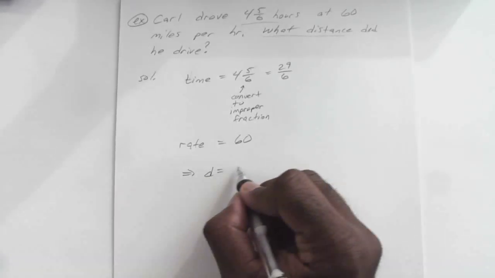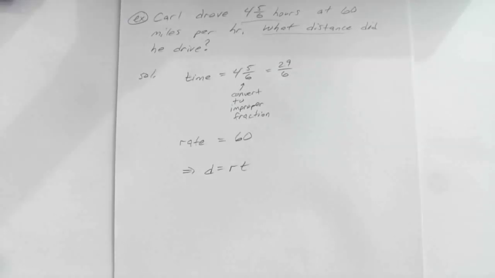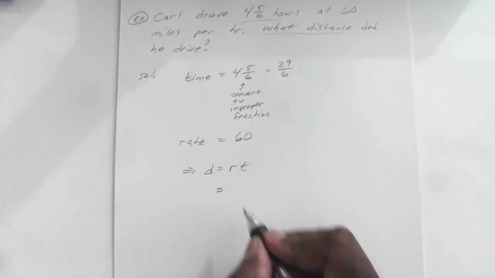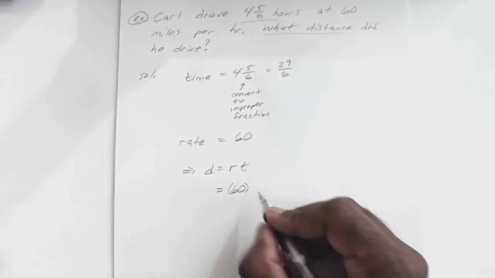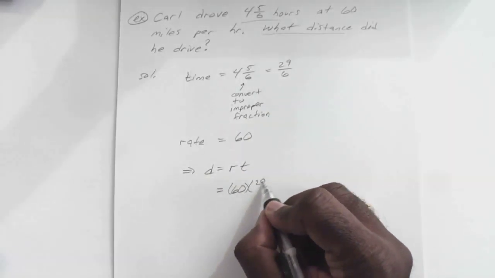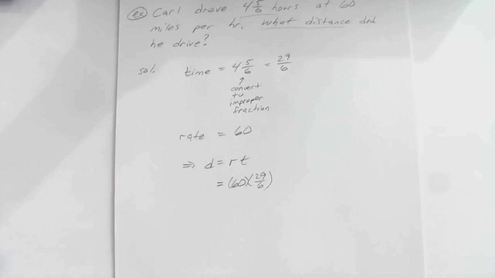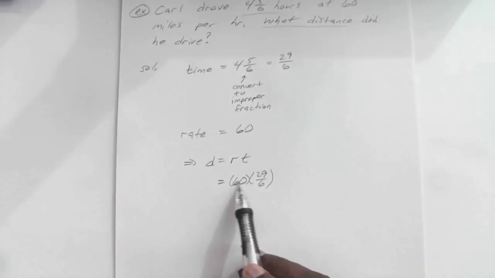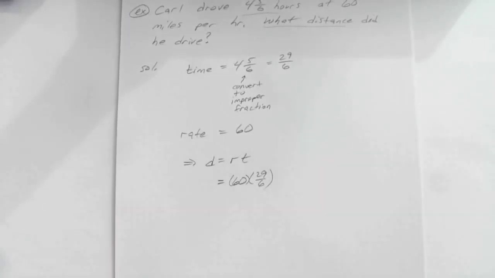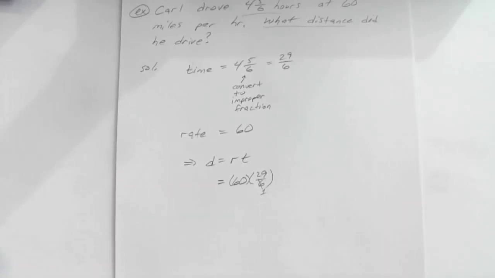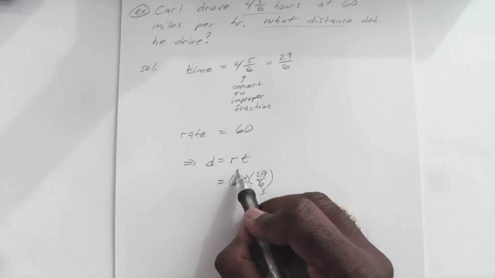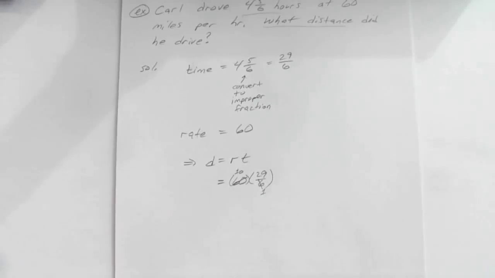So we know that distance equals rate times time. So we know it's going to equal 60 times 29 over 6. Okay. Where here the 6 and the 60 can cancel each other out. So 6 goes into 6 one time, and 6 goes into 60 10 times.